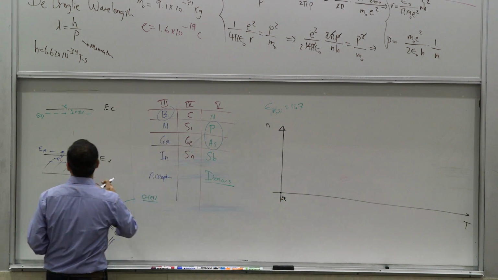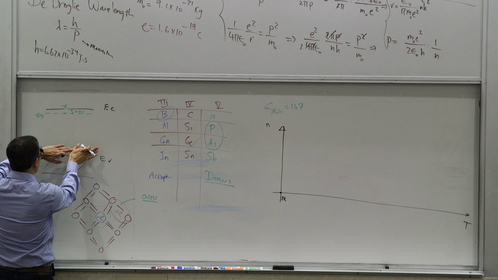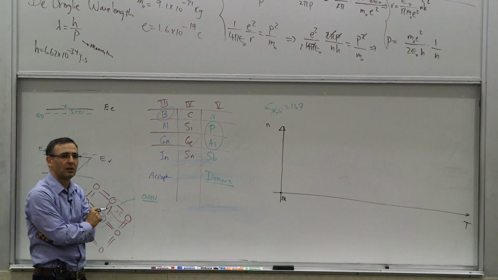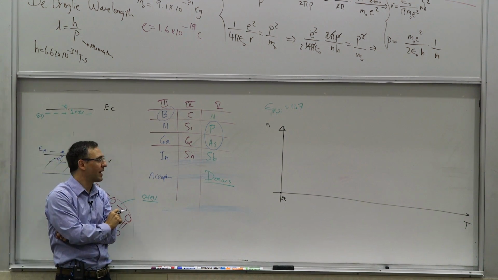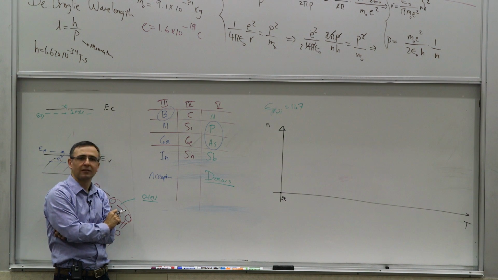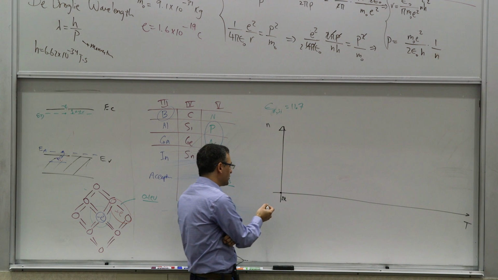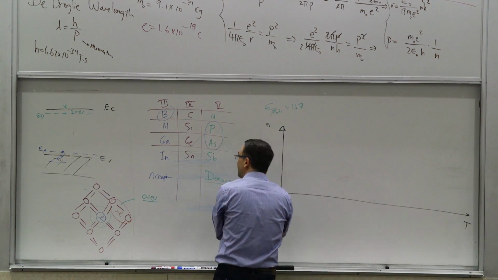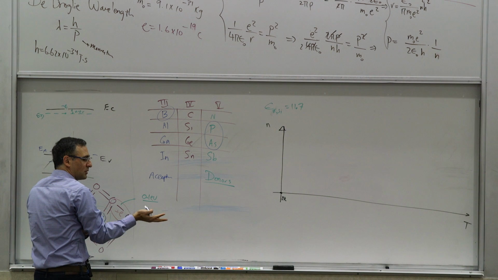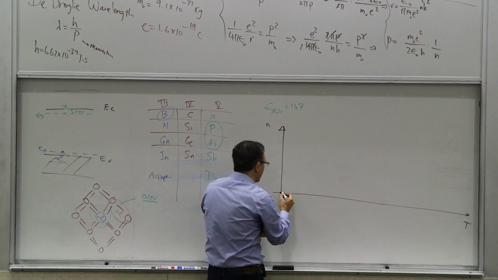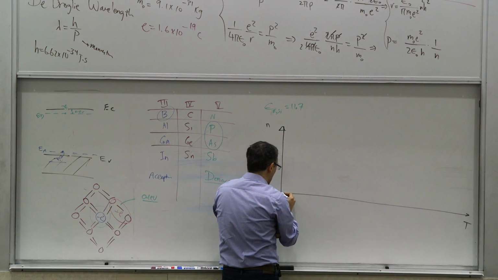In a situation where you have the donors, let's say you don't have the acceptors, what would be the number of electrons at 0 Kelvin? 0, right? Because there's no energy for anything to get ionized. There's not even 0.1 eV, so nothing's going to happen. So as you start raising temperature, what happens?